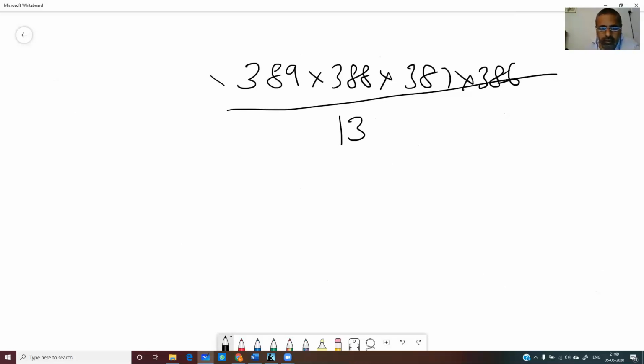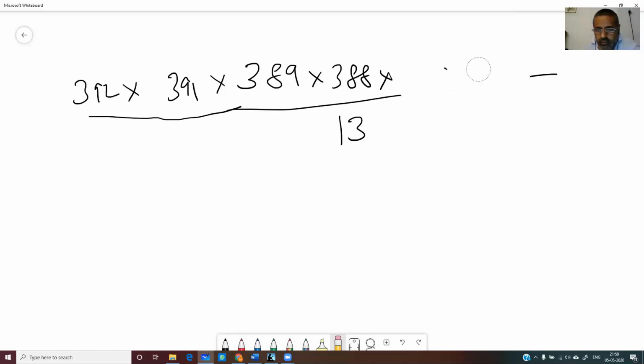Now I'm dividing this whole thing by 13. What is the remainder?